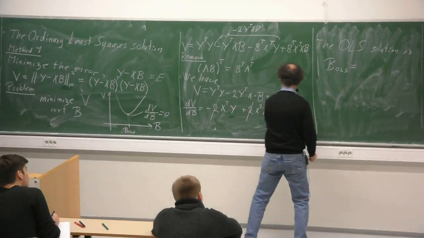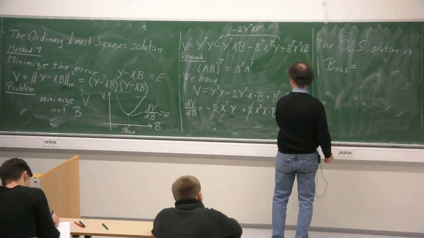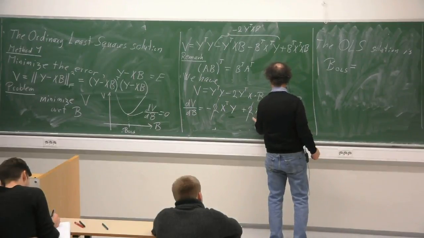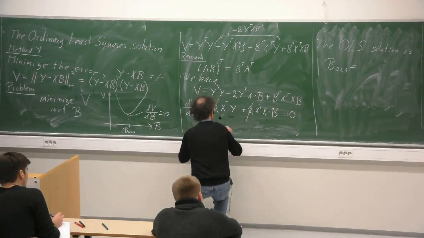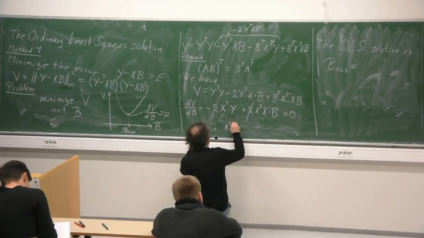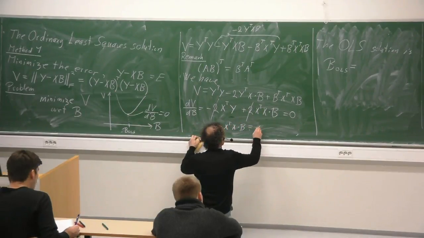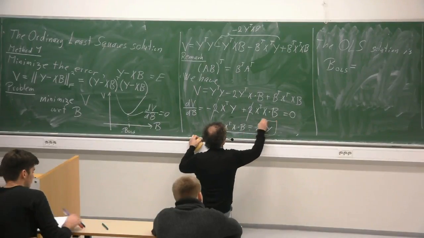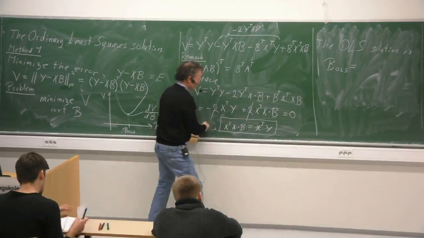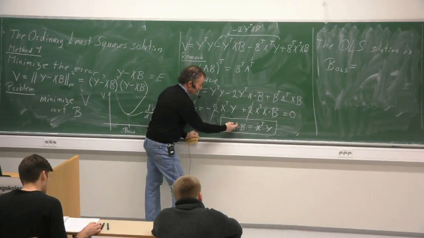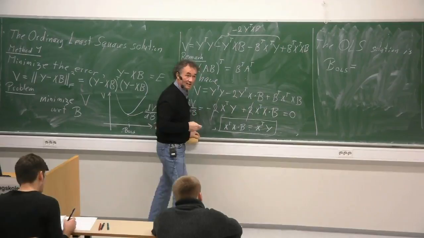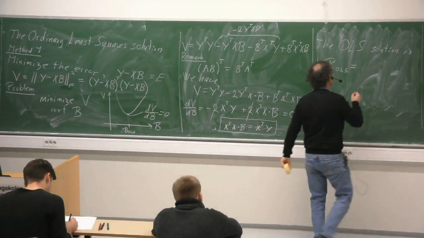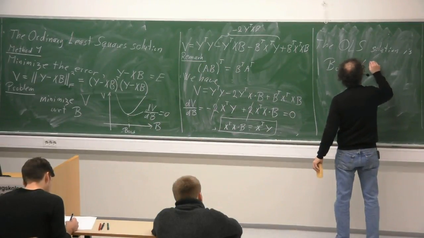Putting this term on the right-hand side here, we then have an equation X transpose X times B equal to X transpose Y. Solve this one by multiplying from the left with the inverse of this one, if the inverse exists. And we have this solution.